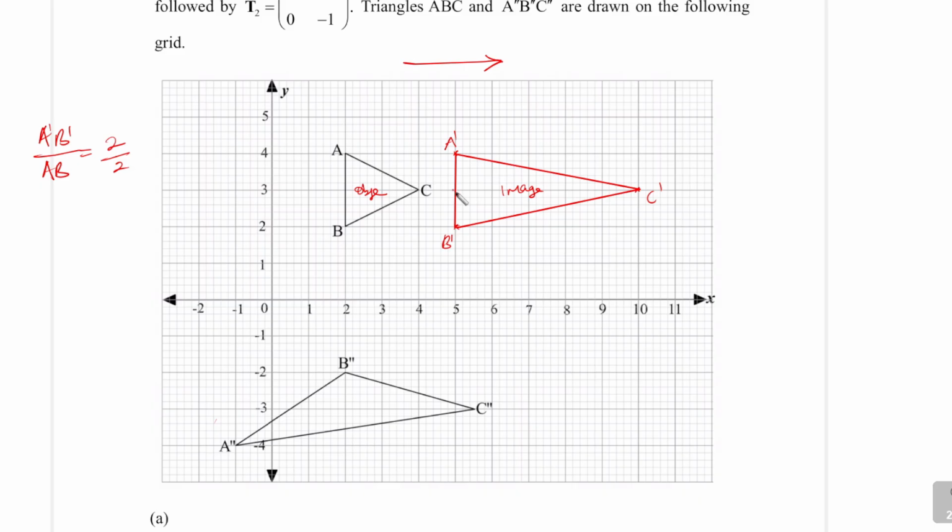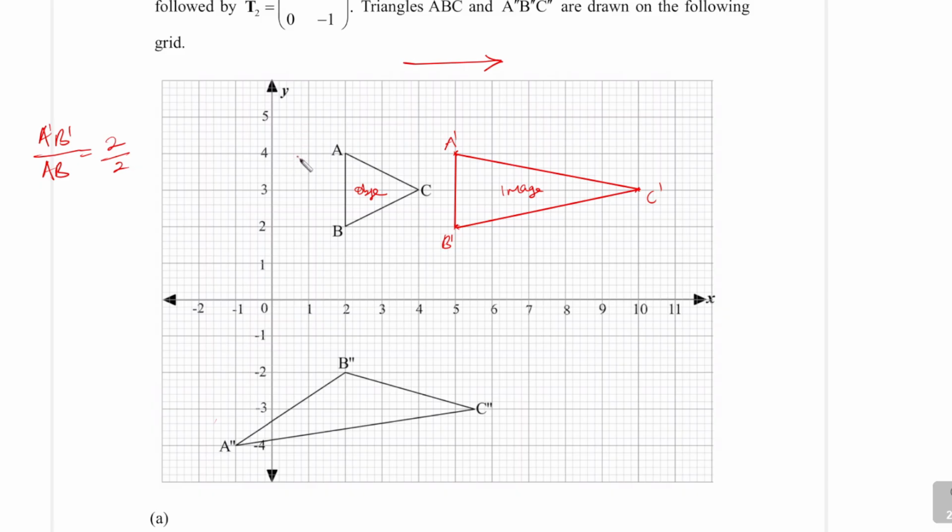So this one is actually a stretch, because for a stretch the objects move parallel to a fixed line, and this time these points are moving parallel to the x-axis, with the y coordinates remaining unchanged.